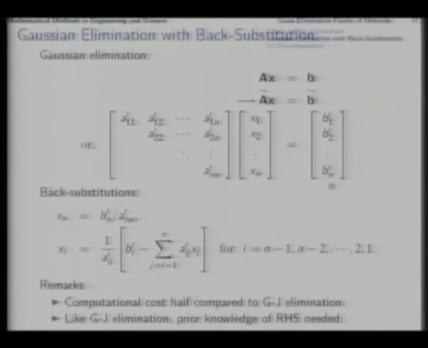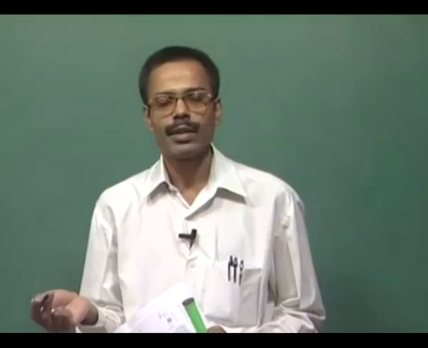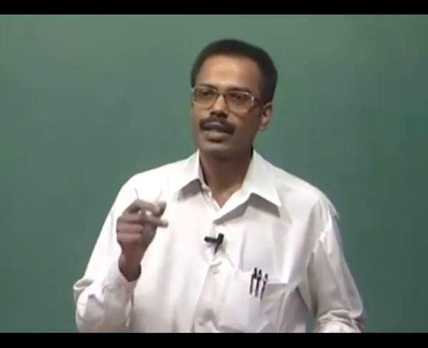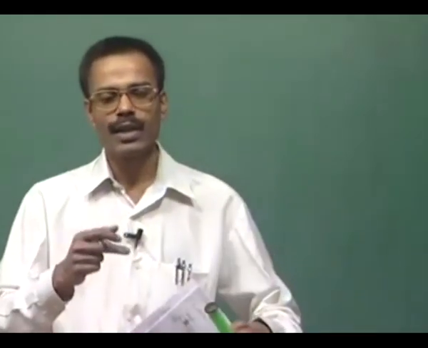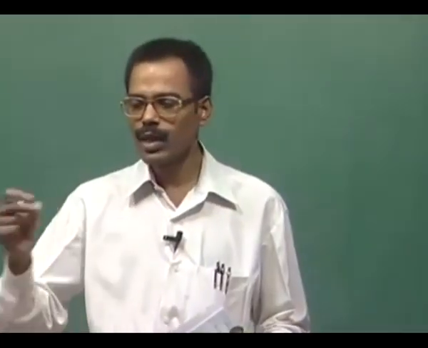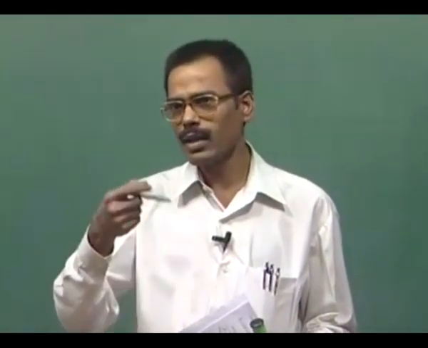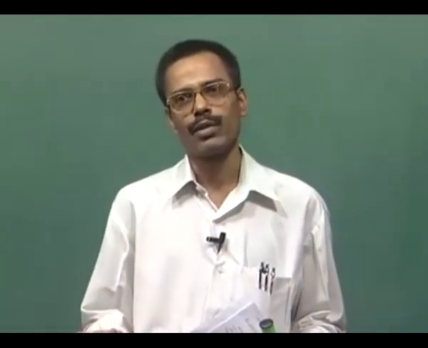Now, you might find that there is another algorithm which will not need the right hand side beforehand, but will first process the matrix A itself and keep it in such a ready form that the moment a right hand side vector appears, you can do another little bit of calculation to find the solution.